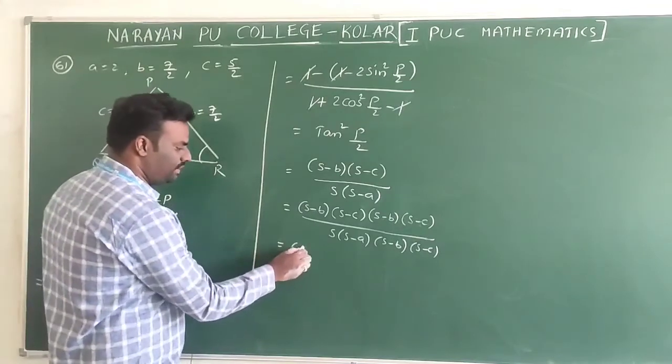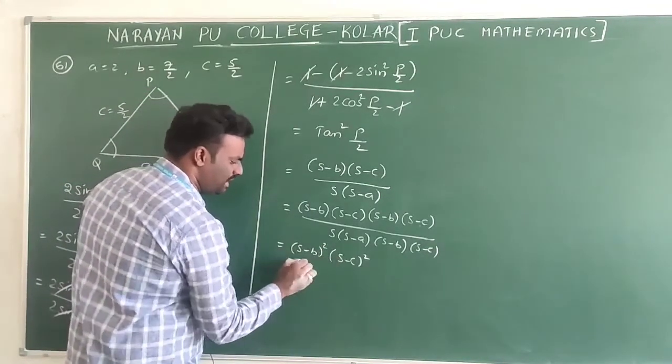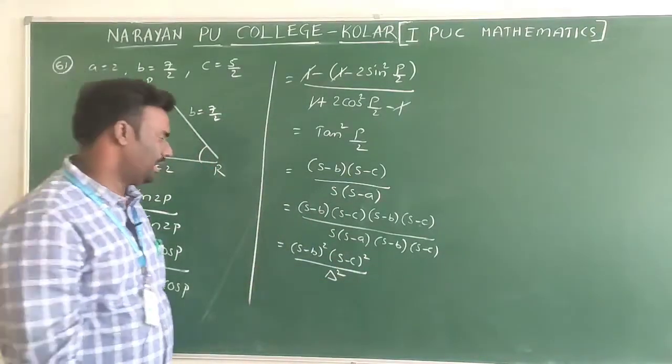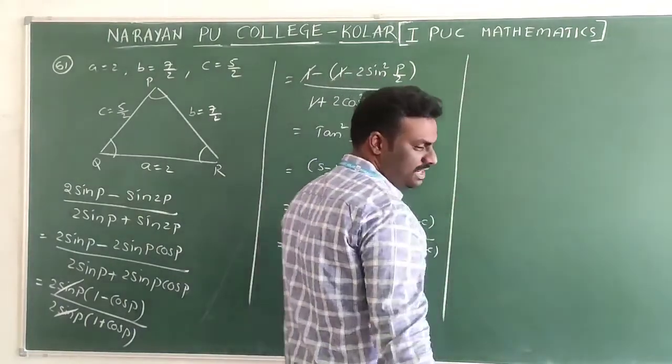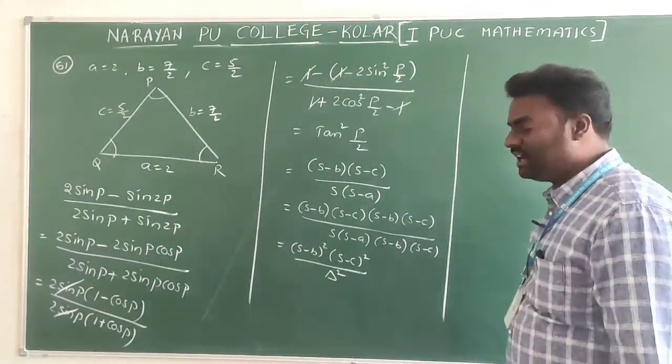Now the numerator S minus B whole square into S minus C whole square can be written as delta square.